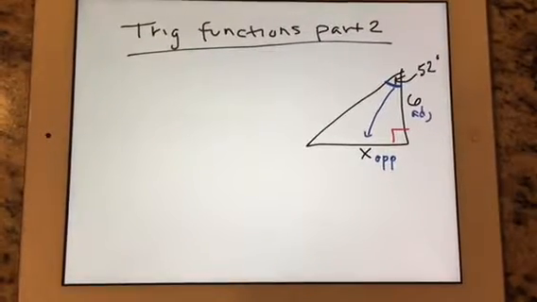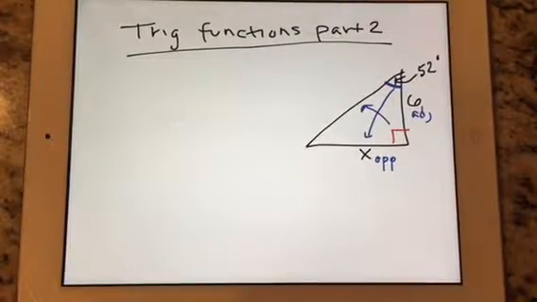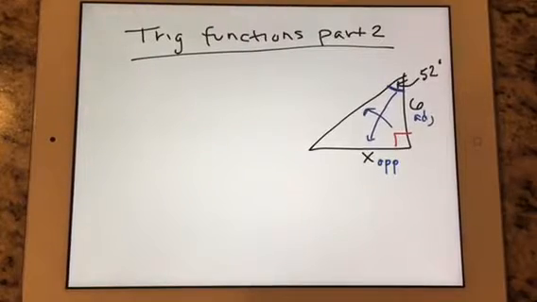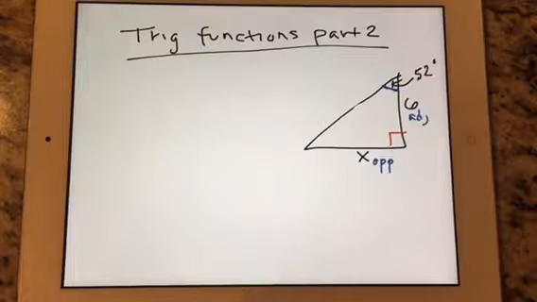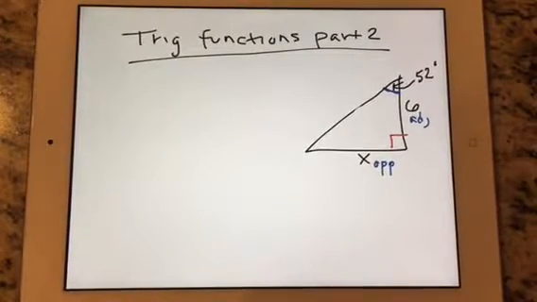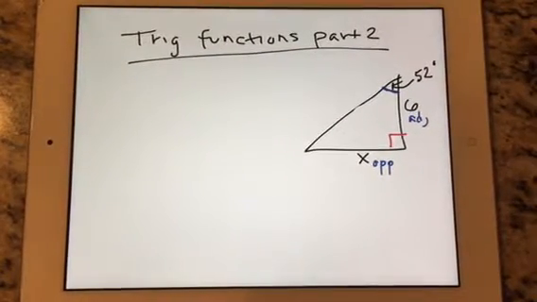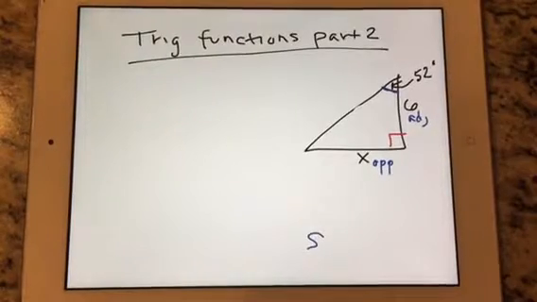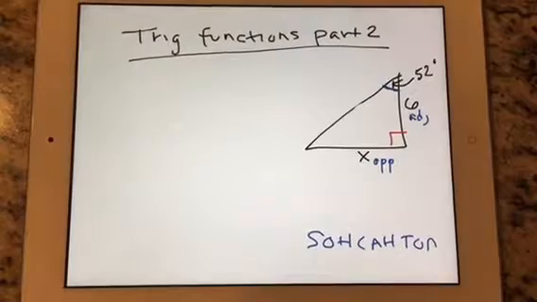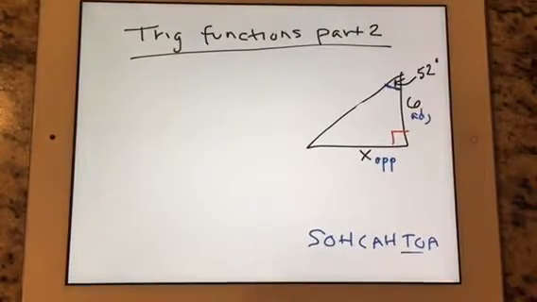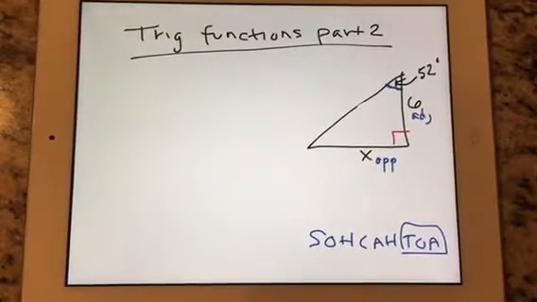I know this is adjacent and not hypotenuse because the hypotenuse is over there, across from that 90-degree angle. So now I know that I have adjacent and opposite. I want to think to myself, what trig function uses opposite and adjacent? I'm going to think back to SOHCAHTOA, or use your notes, and I'm going to see that I want to use tangent.